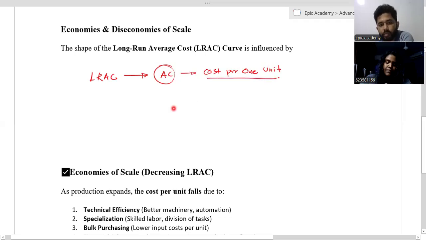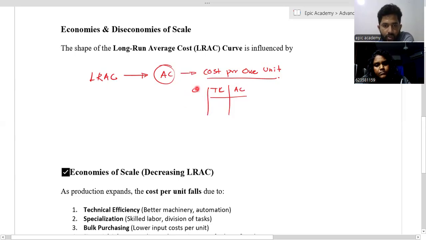Cost per one unit. If you are going to produce one unit of production, you have to spend that amount of money. That's the meaning of average cost. As an example, just consider this is TC, total cost, and this is AC, and you are going to produce this amount, Q. Two quantities. 100 is the total cost, then 50 is the average cost.